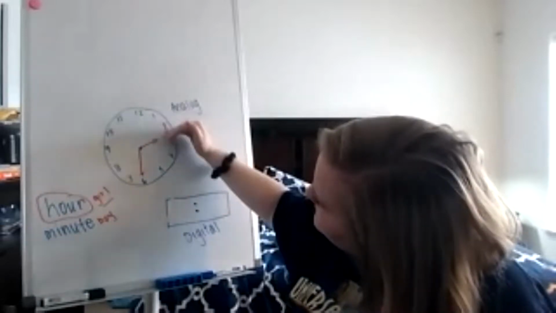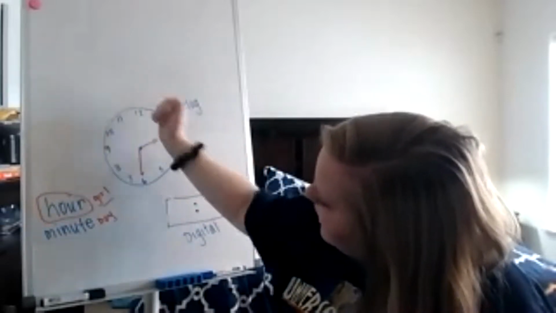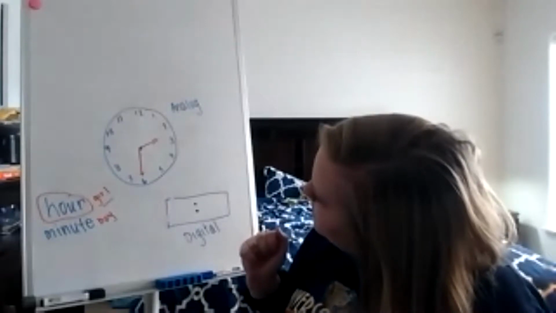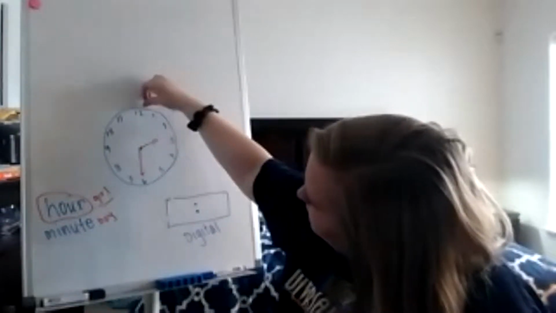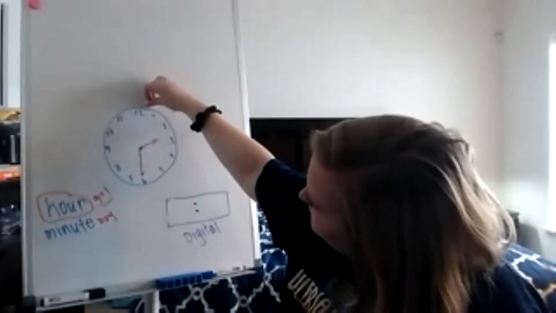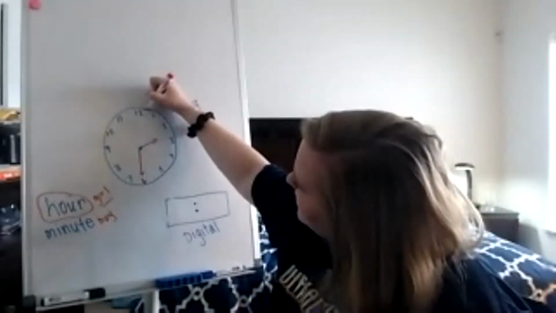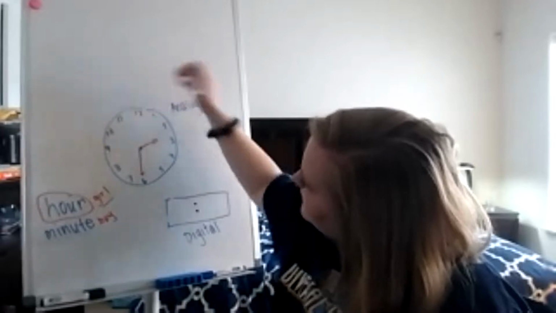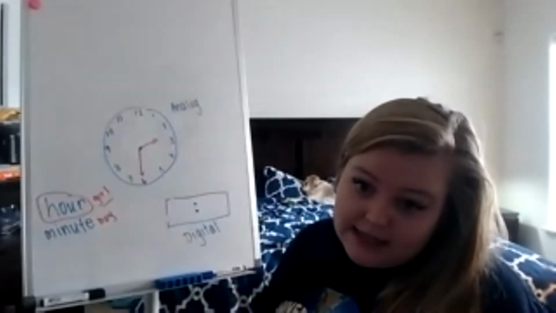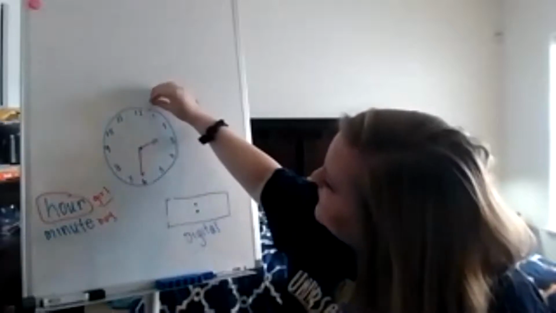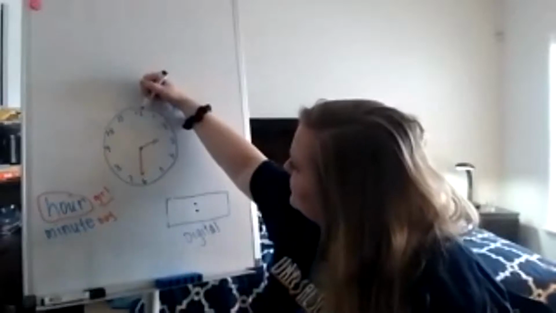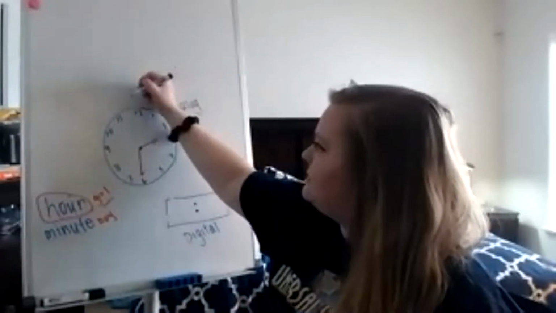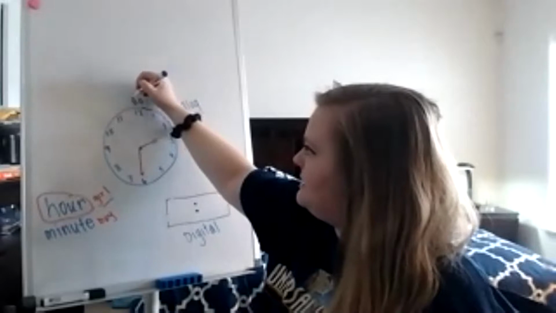So these numbers tell us the hour, but they also tell us there are very little lines. If you look closely, there's very little lines in between each hour that tell us the minutes that are passing. So if we're counting the minutes, I told you that when our minute hand is pointed at the 12, we have 0 minutes.